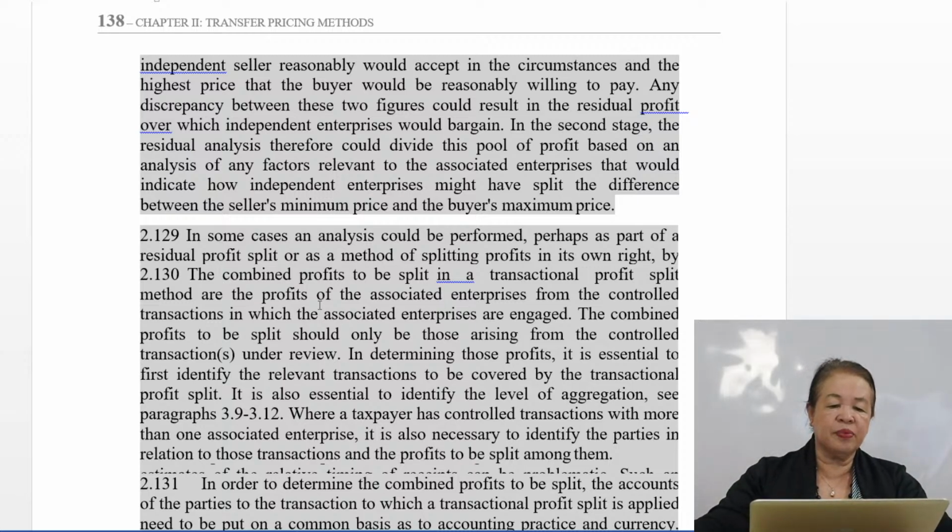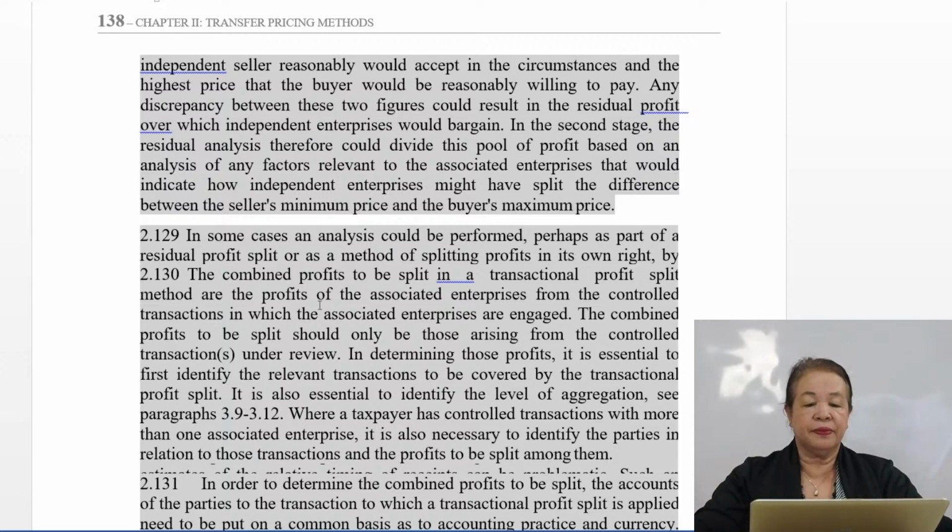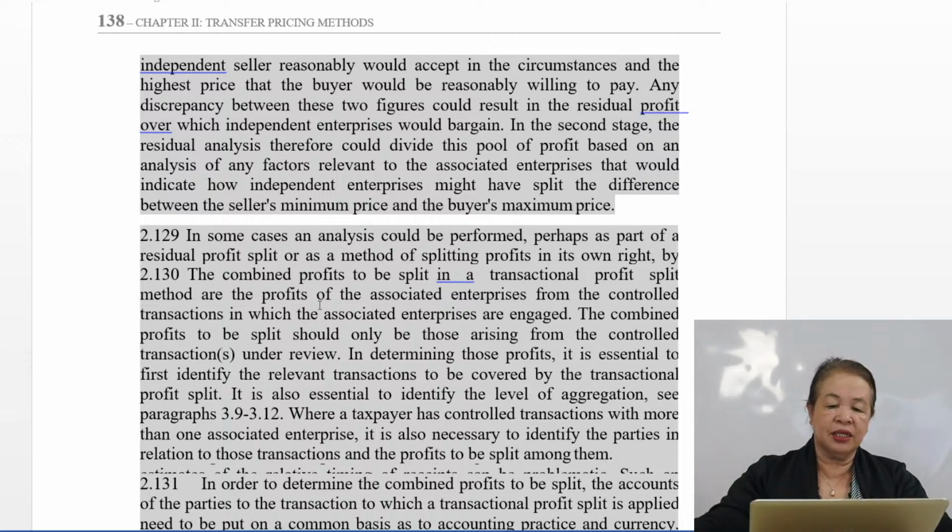So any discrepancy between these two figures could result in the residual profit over which independent enterprises would bargain, no? So in the second stage, the residual analysis therefore could divide this pool of profit based on an analysis of any factors relevant to the associated enterprises that would indicate how independent enterprises might have split the difference between the seller's minimum price and the buyer's maximum price, no?